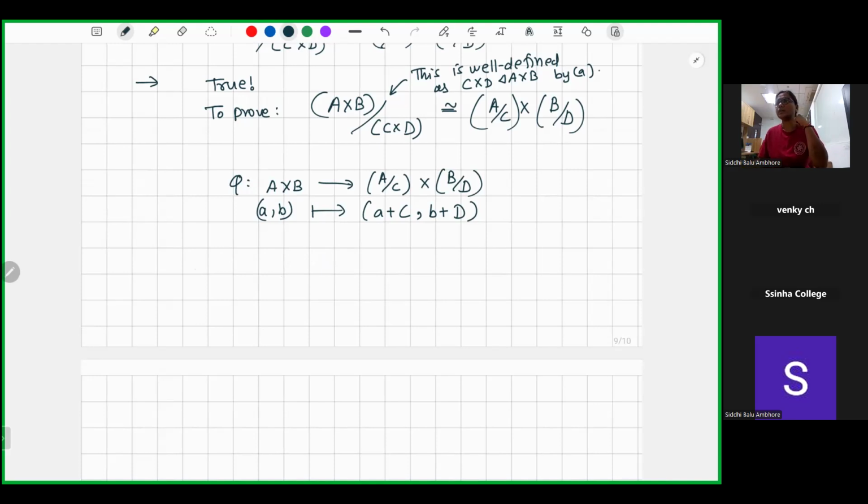Anyone has any doubt about this map being a group homomorphism? Okay, so check that phi is a group homomorphism.